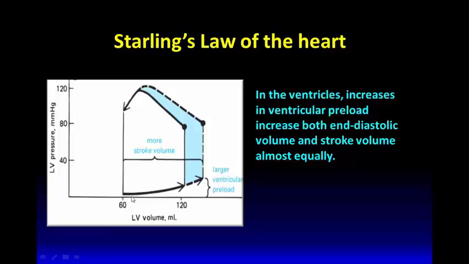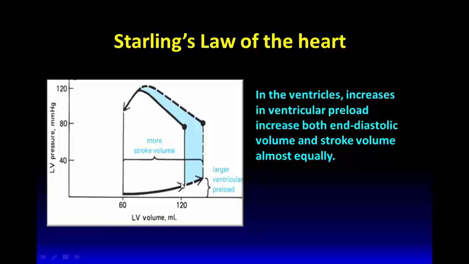So the left ventricle begins to be filled with blood. And here we have the end of normal ventricular diastole, where the left ventricle and the right ventricle are filled with the end diastolic volume of approximately 130 to 135 milliliters of blood.